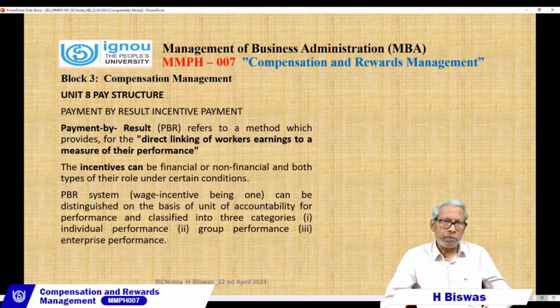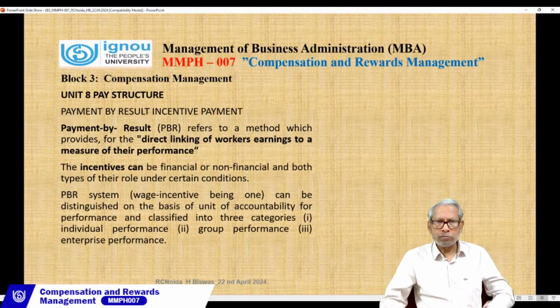Now payment by result, incentive payment. Payment by result, in short PBR, refers to a method which provides direct linking of workers' earnings to a measure of their performance. Incentives can be financial or non-financial, and both types have a role under certain conditions.